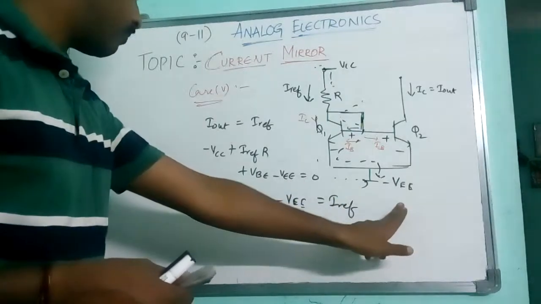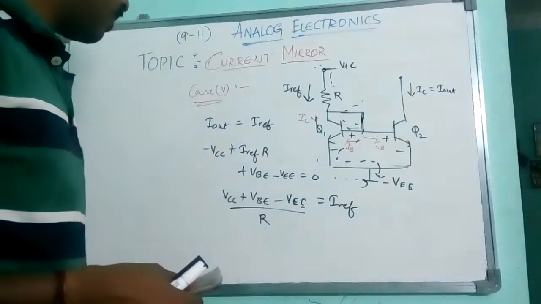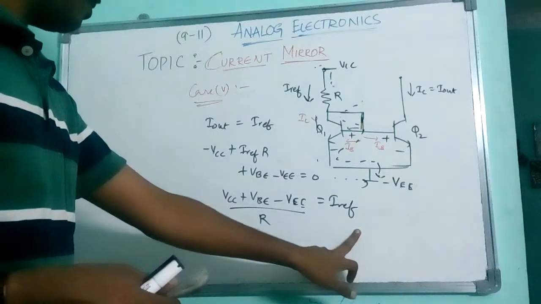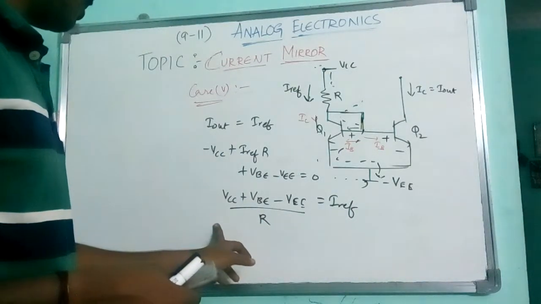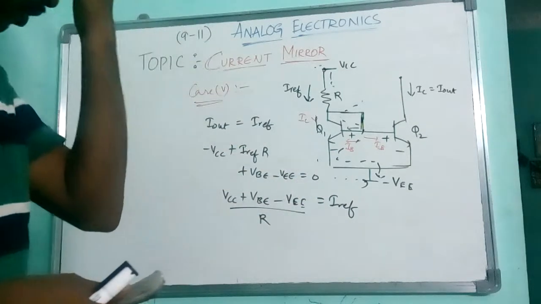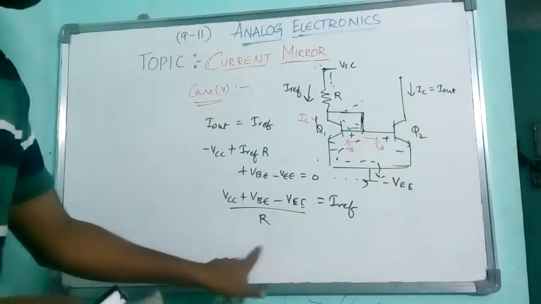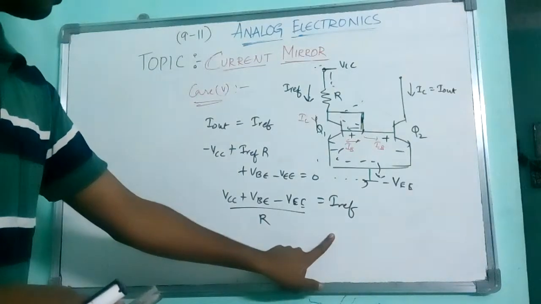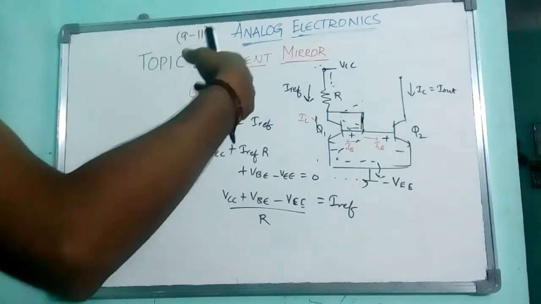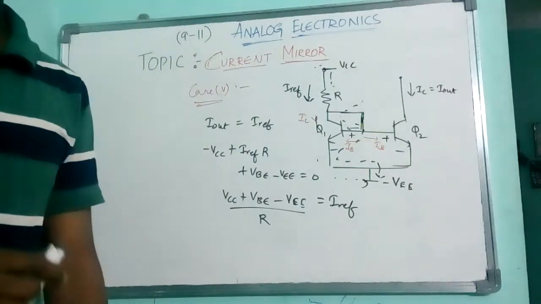Then I am entering negative. Everything is correct. If I take this to the other side, I have VCC plus VE minus VBE by R equal to I reference. The same current is flowing here.